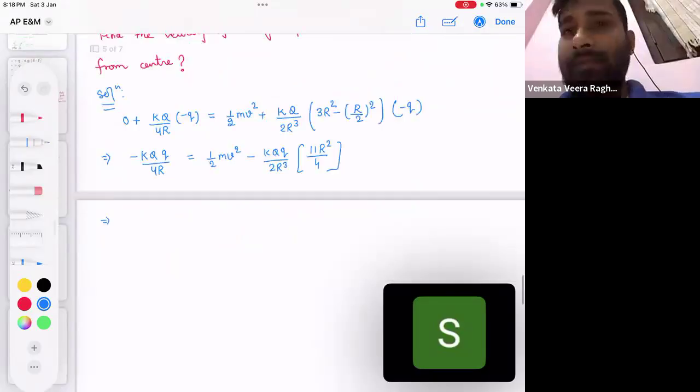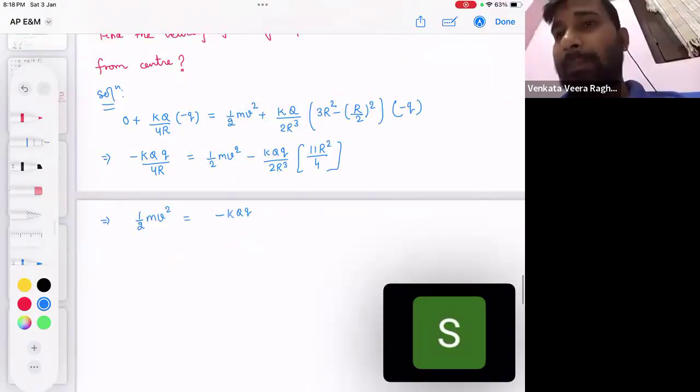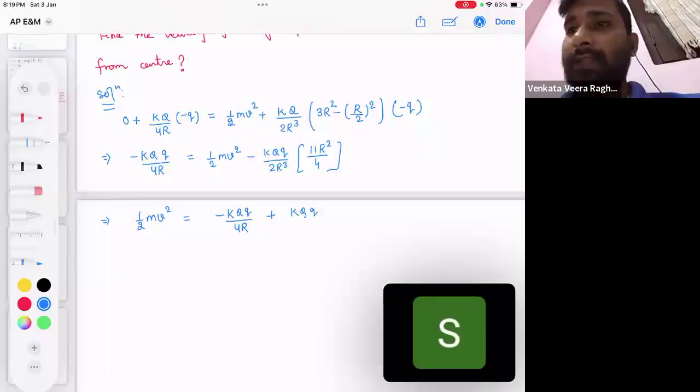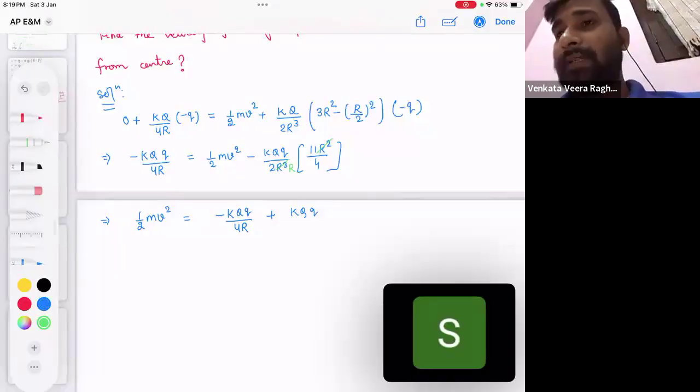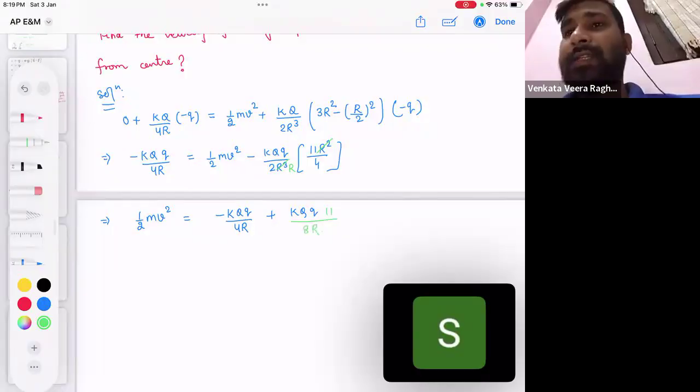So if we simplify this equation, we get half mv square equals minus kQq by 4r plus kQq. And if you look here, R square and R cube will get cancelled out. So kQq 11 divided by 4 into 2, 8R.